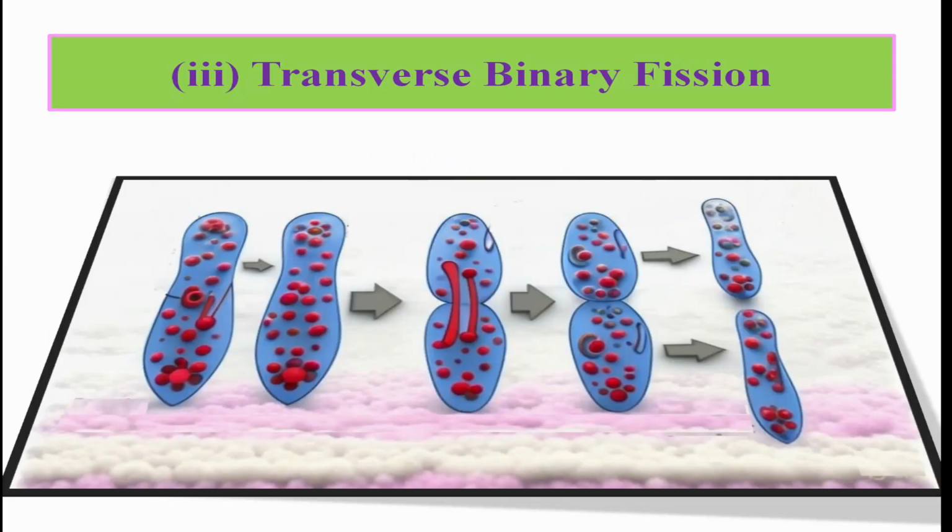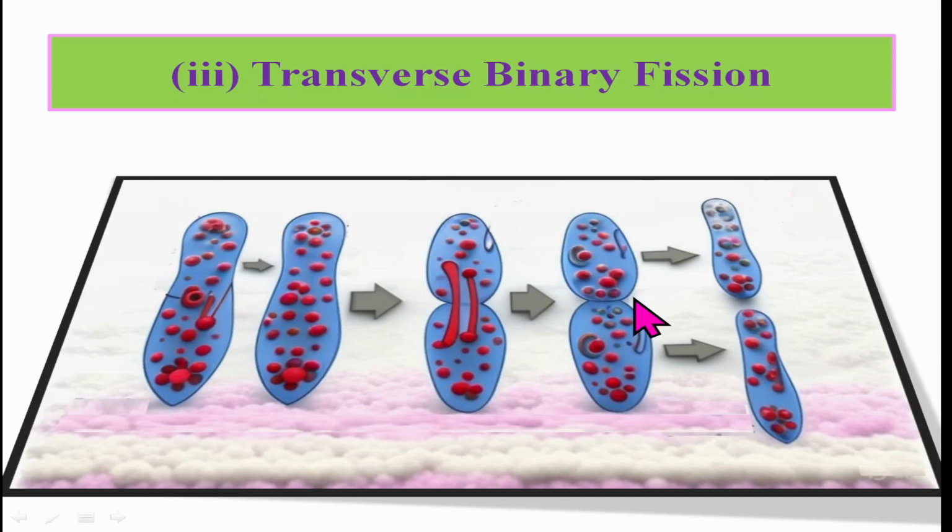Now in case of transverse binary fission, for example paramecium. See, this is the rough diagram of a paramecium. As and when this paramecium matures and reaches a point of reproduction, the nucleus of this parent cell will elongate and then form two nuclei. Now transversely the division will take place.